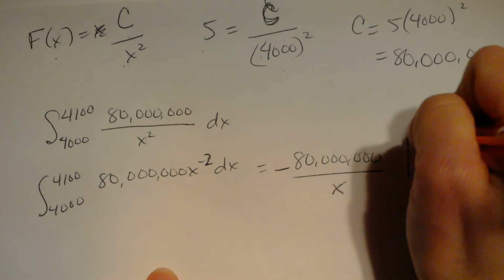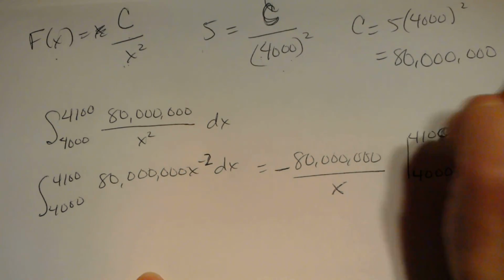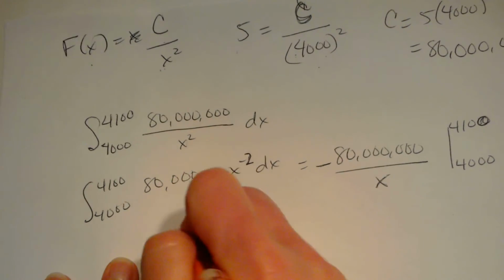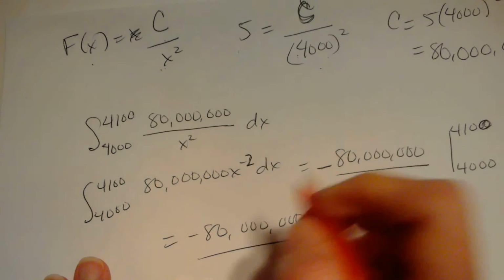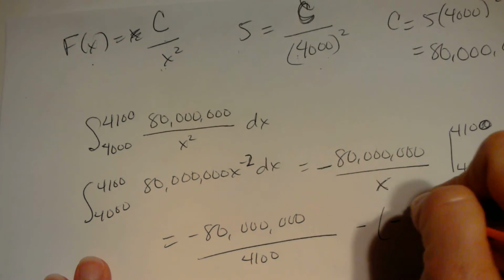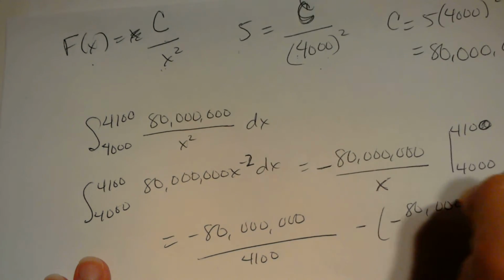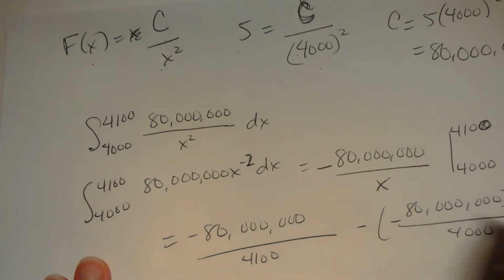So if I plug this in, we've got negative 80 million over 4,100 minus a negative 80 million over 4,000.